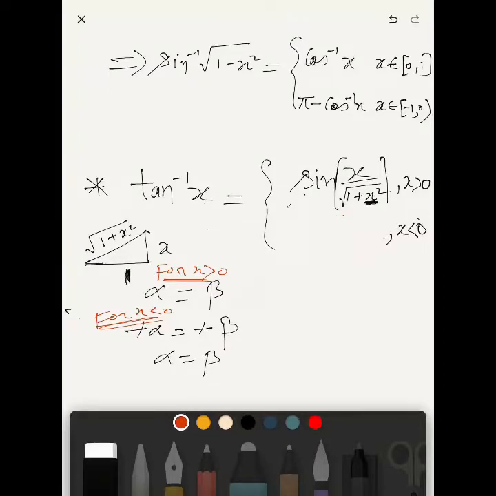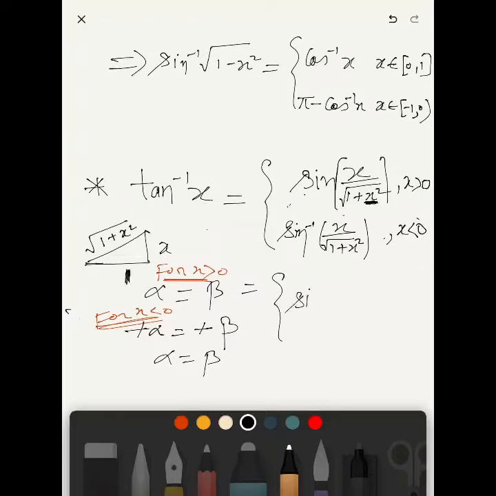So write it down. Here also you can write tan inverse x is equal to sine inverse of x divided by under root 1 plus x square, for all x belongs to real number.